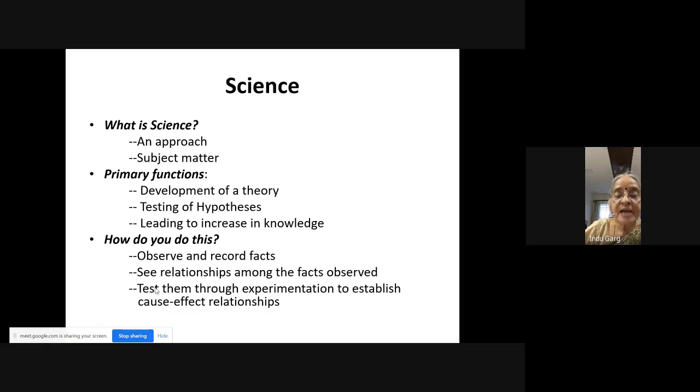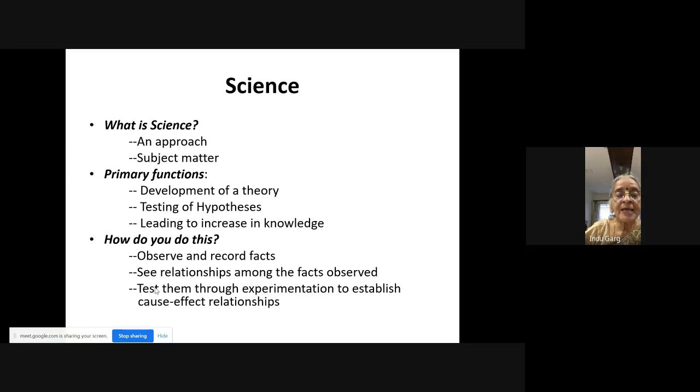But now let us understand what is science. Now, I won't get into the details of science, exactly what it is, but we can look at science from two aspects. One is an approach and the other is subject matter. Now, what is the subject matter of science? Everyone studies it; you will study physics, chemistry, biology.